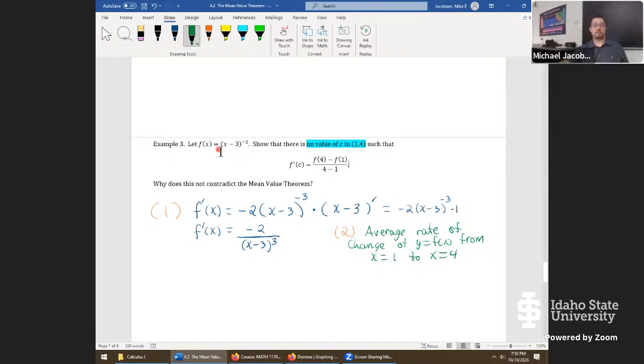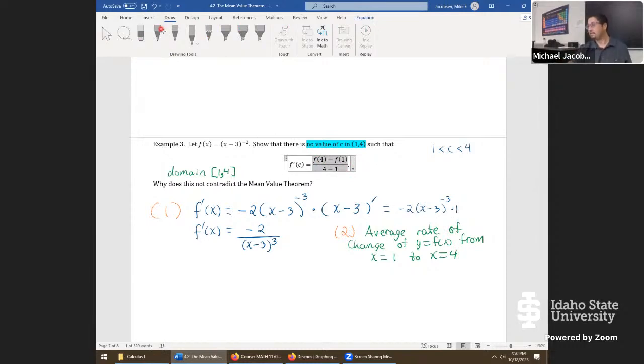That means that this function truly had domain 1 to 4 that we're considering on this problem. We have to calculate those actual values to make this work out. But the conclusion is about the open interval, 1 to 4 like this. We're trying to show that there's no c between 1 and 4 written this way. But now the average rate of change, it's really just this right here.